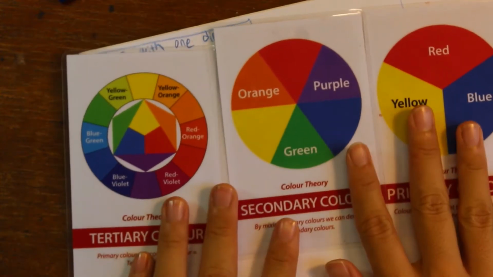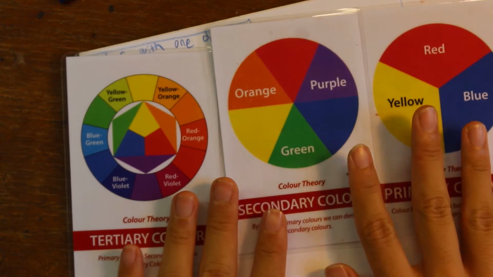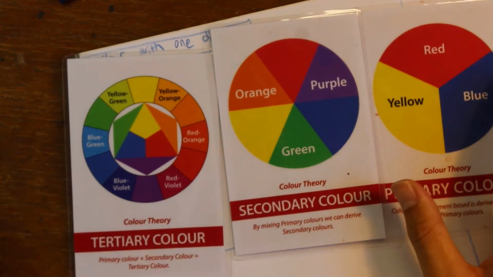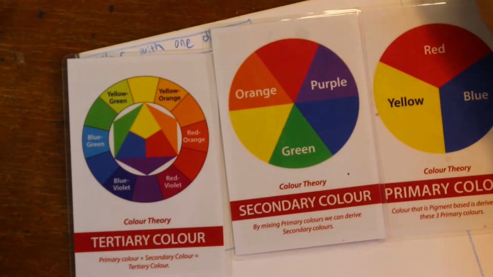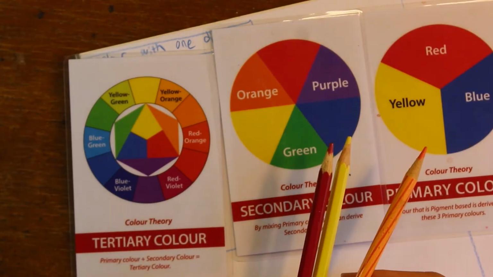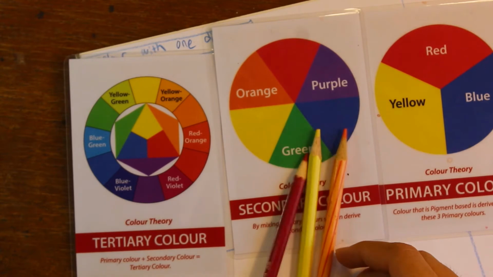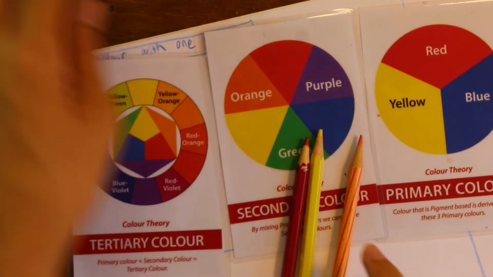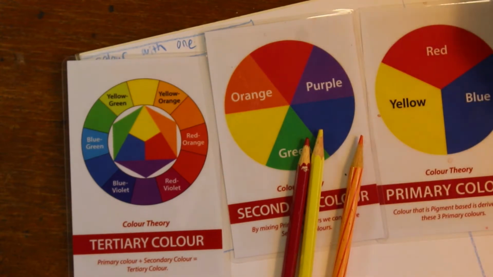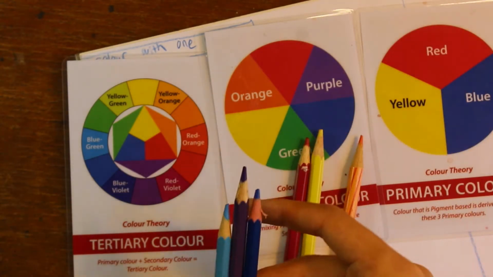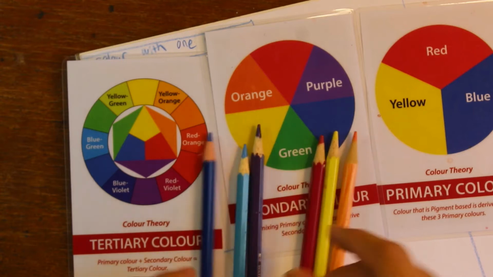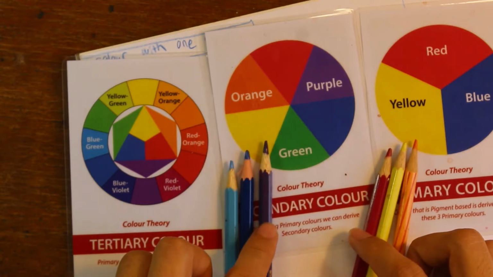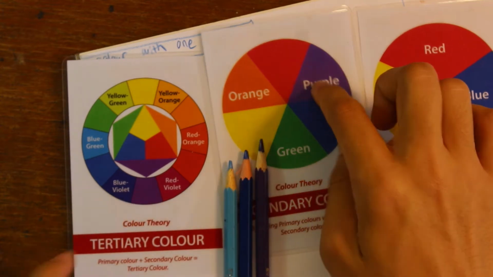So we will use these 3 types of color. Let's get these colors first. I will use red, yellow, and orange, and then I will get another 3 colors, blue and purple.